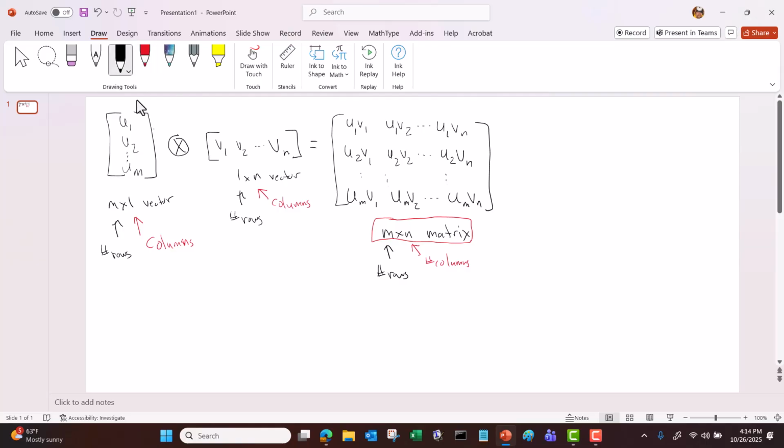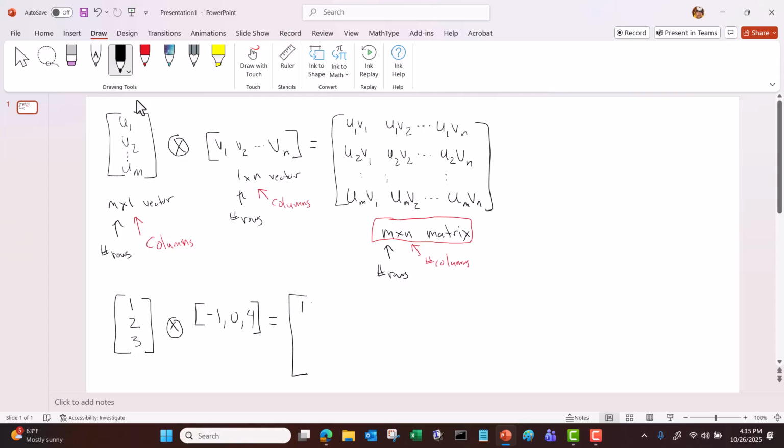So let's take a look at a short example. Let's say that we have 1, 2, 3 as our first vector, and we're going to multiply this by -1, 0, 4 in our second one. So according to our rule here, we're going to take 1 and multiply by each one of these values.